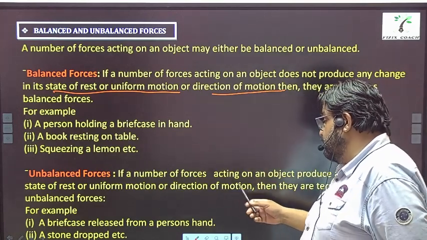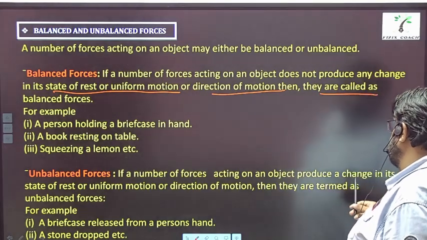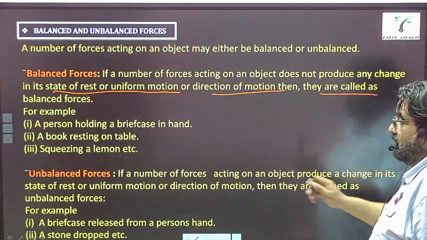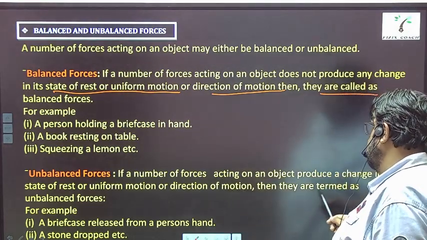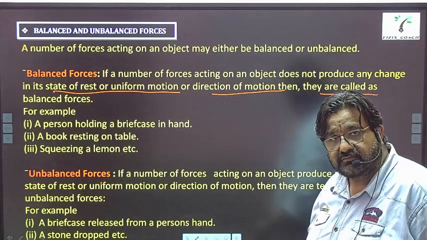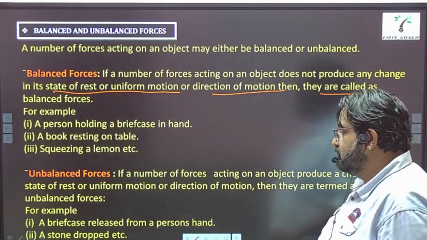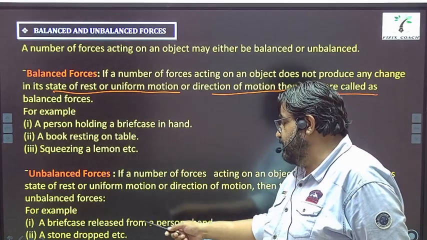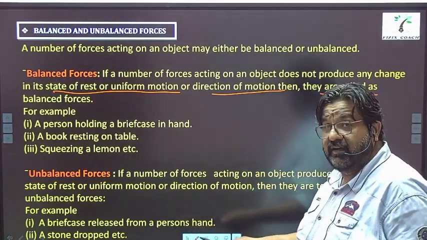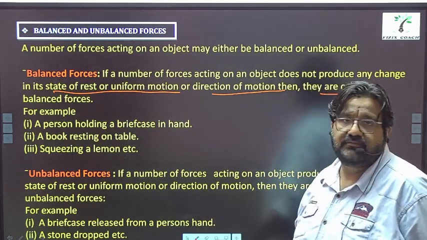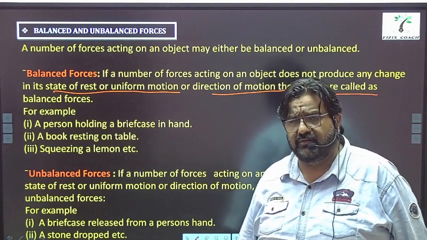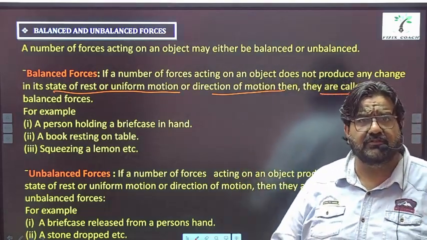If the number of forces acting on an object produces a change in its state of rest or uniform motion or the direction, then they are termed as unbalanced forces. For example, a briefcase released from the hand of the person will start moving. A stone dropped. There could be many examples. I took the example of the rope pulling game also.